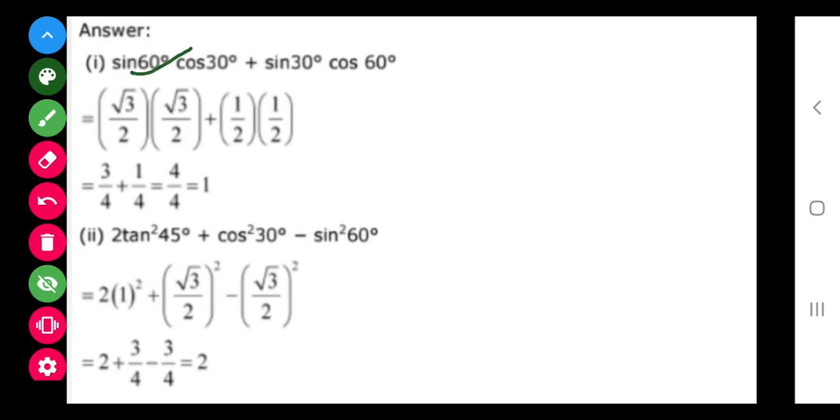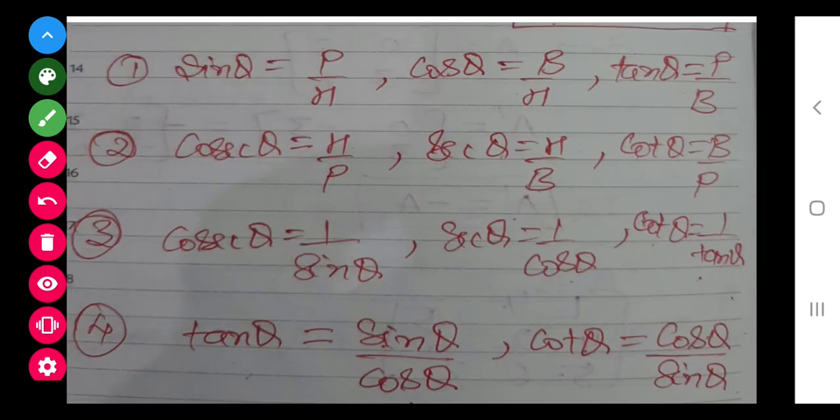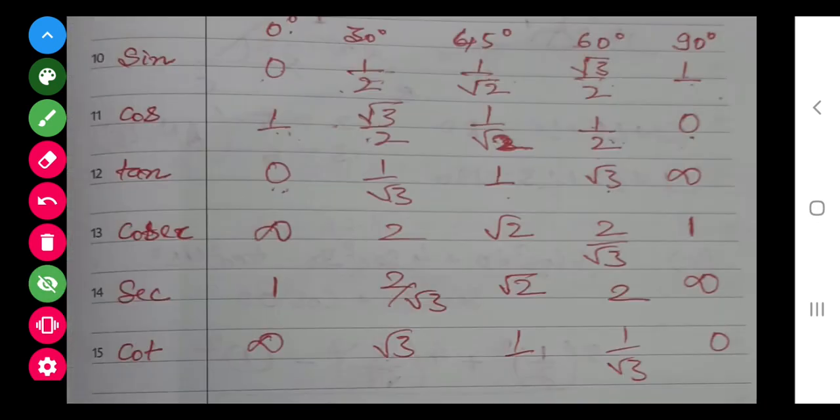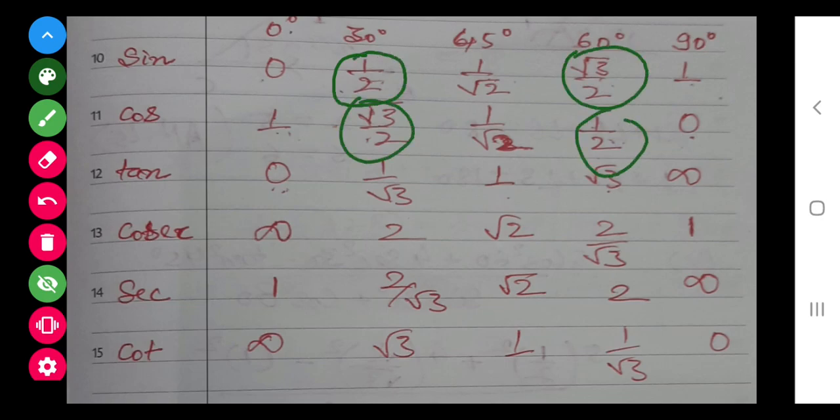Sin 30 is 1 upon 2, cos 60 is 1 upon 2, as according to the table. You can see this table: sin 30, cos 30, sin 60, cos 60.